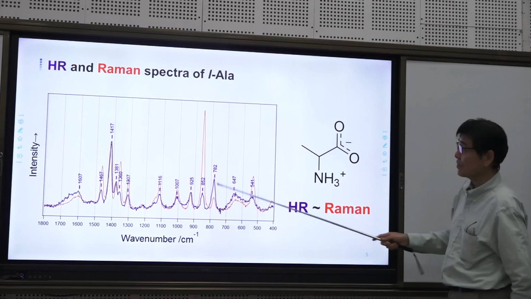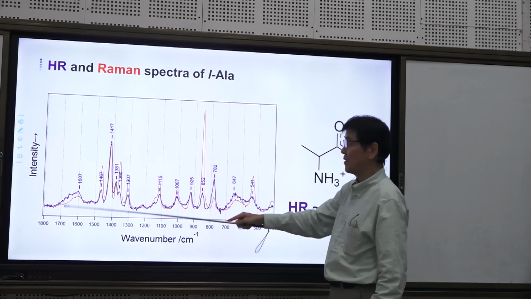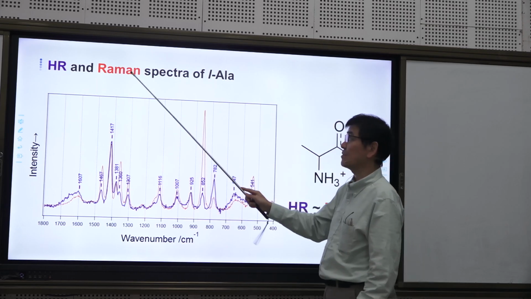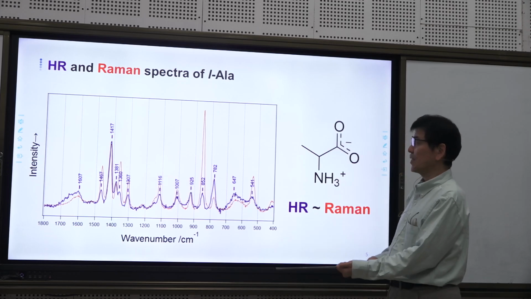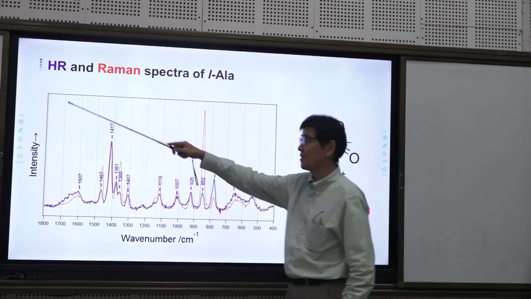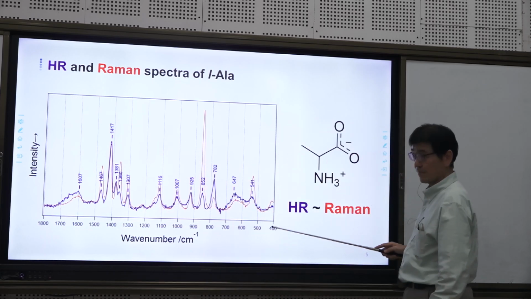So this is a measurement at neutral pH. The blue spectrum is the hyper-Raman spectrum. The red spectrum is the Raman spectrum. I put them together; the vertical axis is the intensity, the horizontal axis is the wave number.